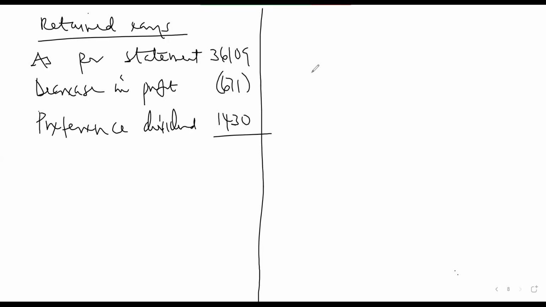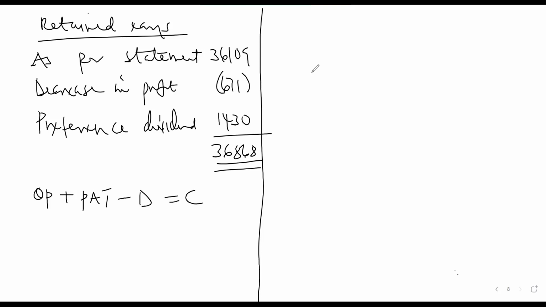I'm having 3686. 868. Okay. Let me show you another way. This is one way of getting it. Another way of getting it is that you can find the opening retained earnings. You know that closing retained earnings is calculated as opening retained earnings plus the profit for the year minus dividend.